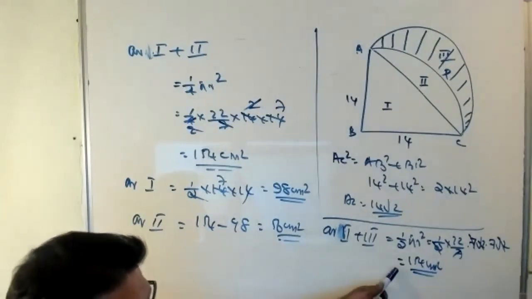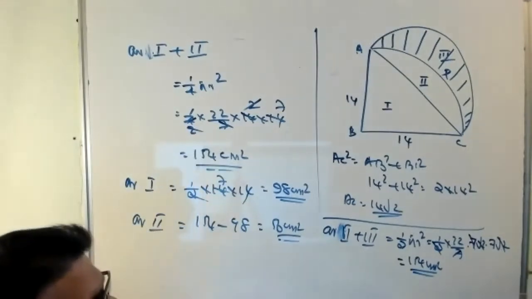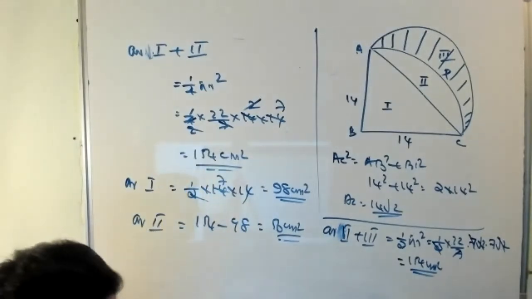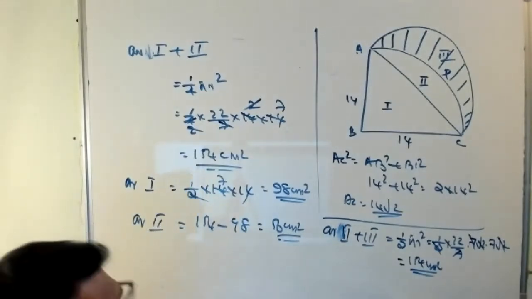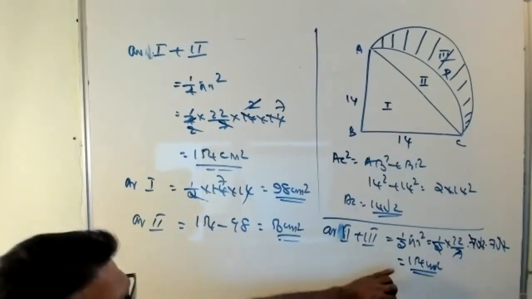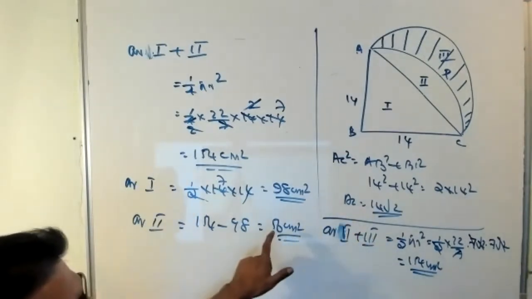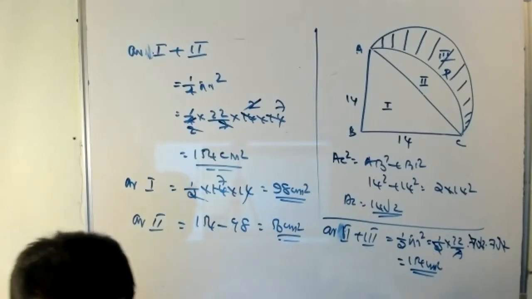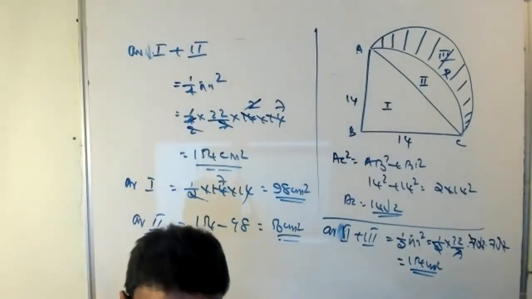Cancel out, we got 154 centimeter square. Hence, last line, area of 3 is 154 minus 56, that is 98 centimeter square.